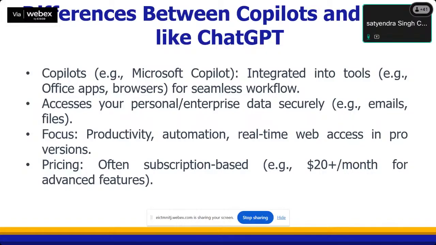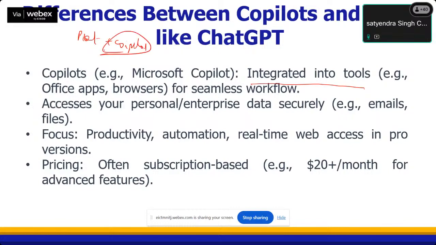However, if we talk about Copilot, Copilot is more specialized and integrated. Unlike ChatGPT, which is quite a general purpose tool, Copilot is similar to an aircraft where you have a pilot and a co-pilot.